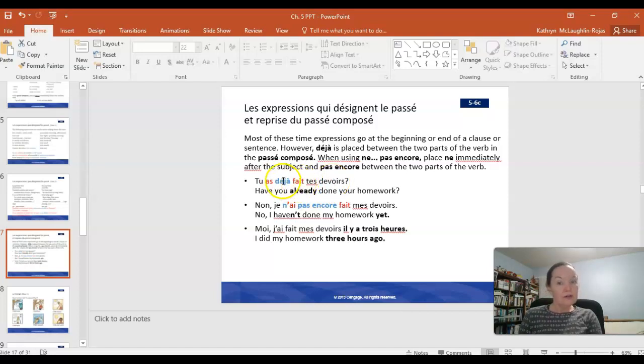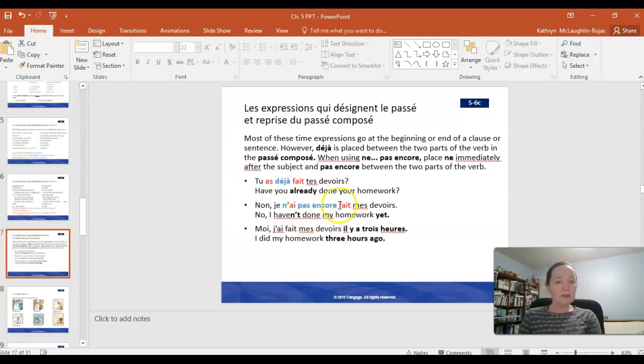So if I took out déjà, tu as fait tes devoirs, have you done your homework? And notice when we add this adverb already, it goes in between the two parts of the verb. So tu as fait, tu as déjà fait. And we do the same thing in English actually, so this should be a pretty easy pattern to get familiar with. Have you already done your homework? Tu as déjà fait tes devoirs?